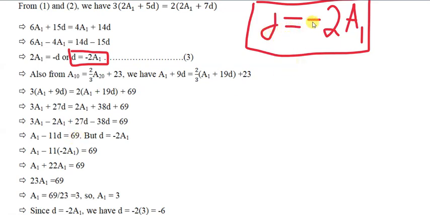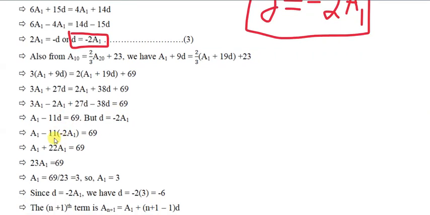Now it is time to use this one. d is equal to minus 2a1. We already obtained that one, and therefore, since d is equal to minus 2a1, substitute minus 2a1 for d here, which becomes a1 minus 11 times, instead of writing d, we write minus 2a1. Put it in brackets to separate the minus.